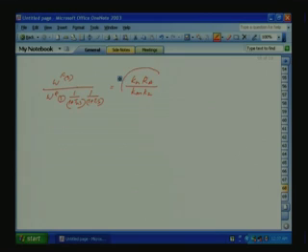Let us call this one a constant K0, divided by s³ Tf Tn delta plus s² Tm Tn plus s K0 K1 Tn plus K0 K1.